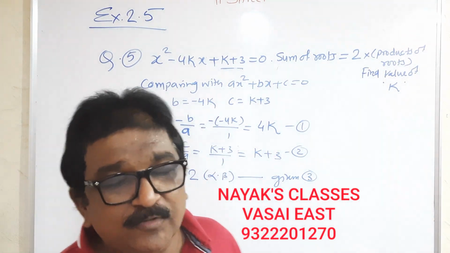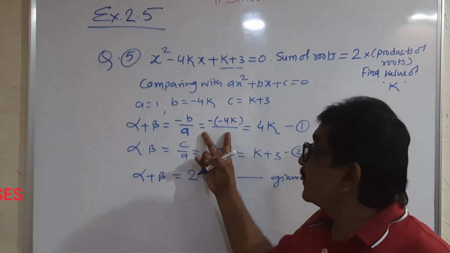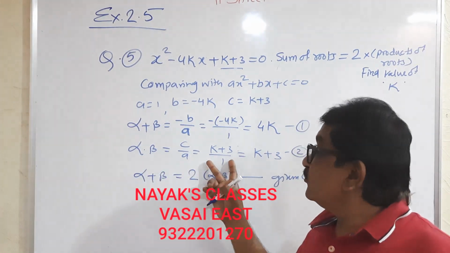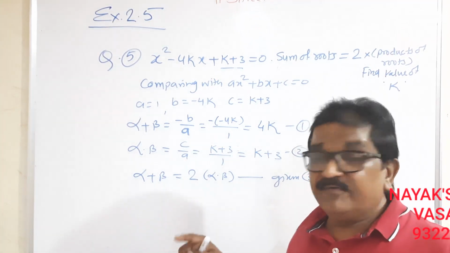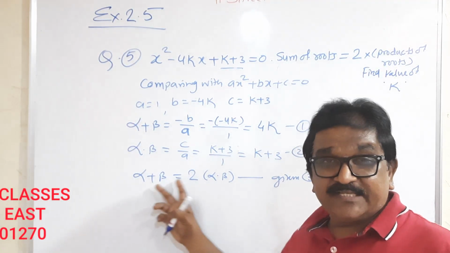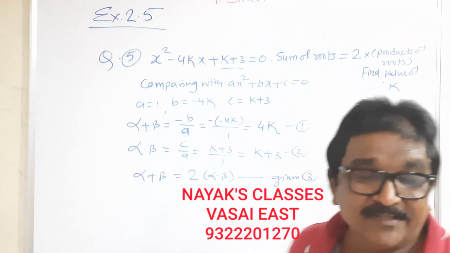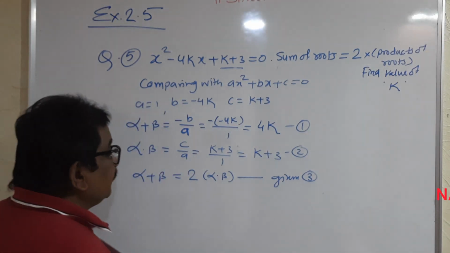We found the value of alpha plus beta and alpha into beta by using the coefficients. And now they have given that the sum of roots is equal to double the product of roots.